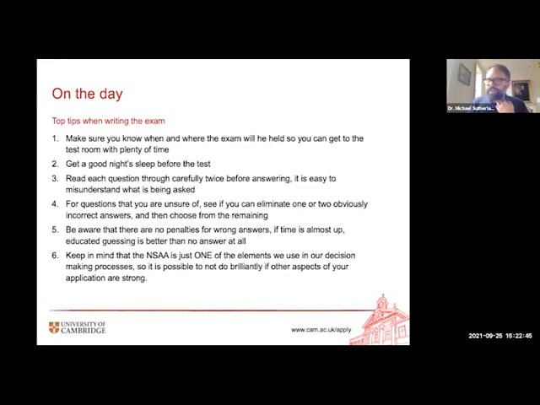For questions that you're unsure of, and you've probably heard this before, see if you can eliminate 1 or 2 obviously incorrect answers. Usually there'll be somewhere between 5 and 8 possible solutions to a multiple choice question. Often there are a couple that are just completely ridiculous. So there'll be a speed that's faster than the speed of light, or a length that's longer than the perimeter of your rectangle.